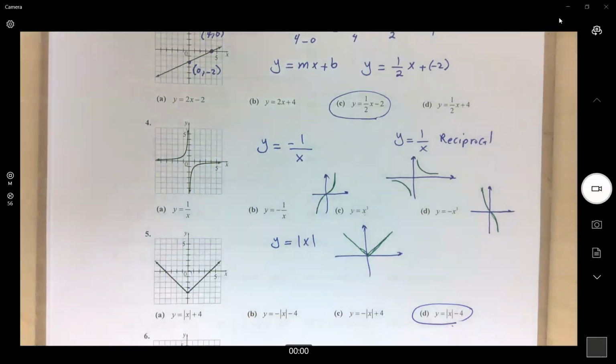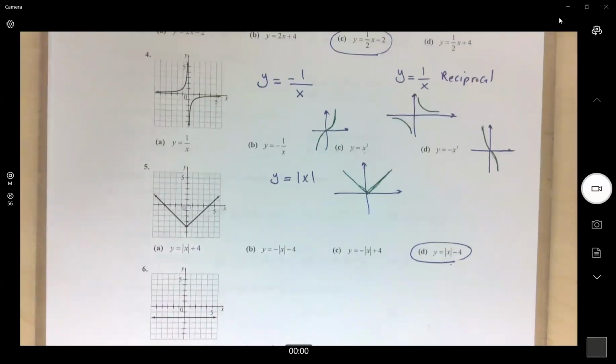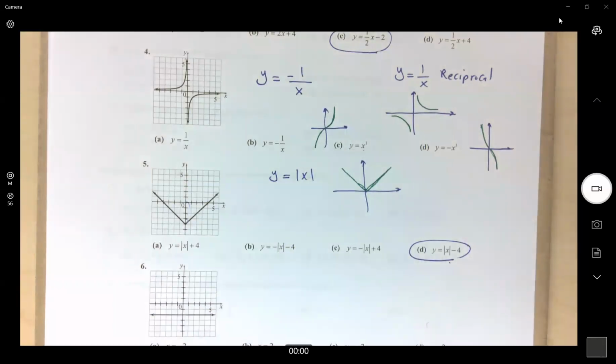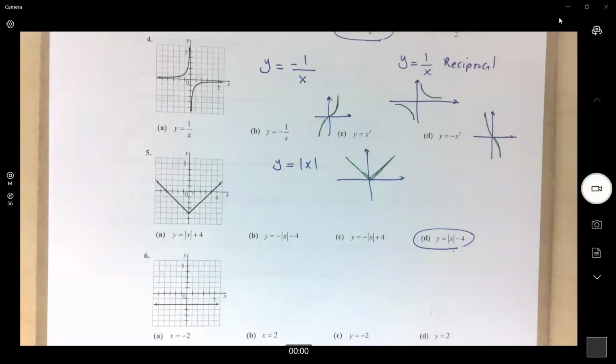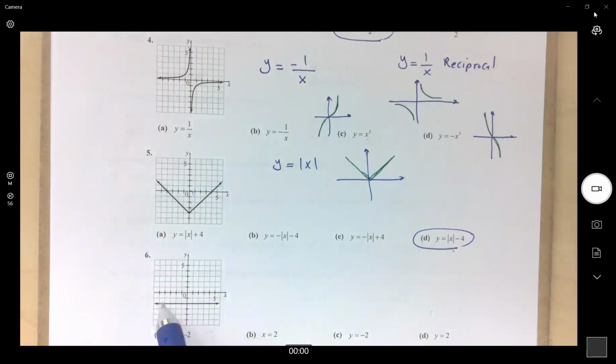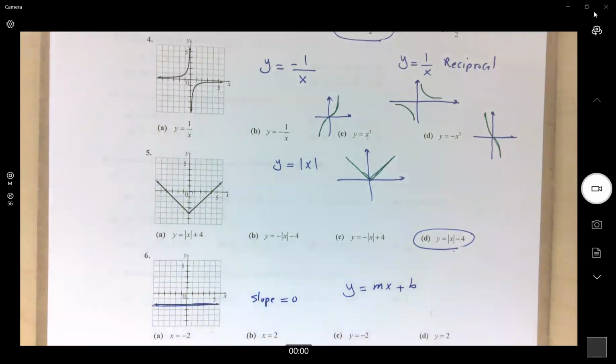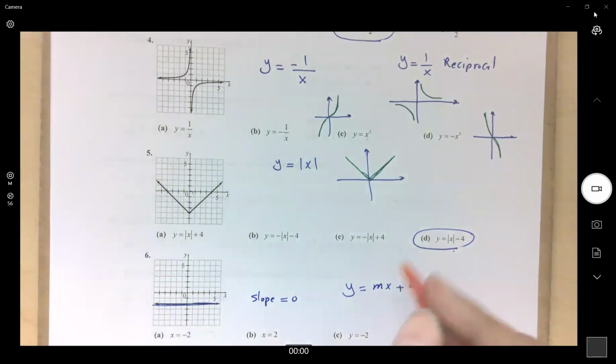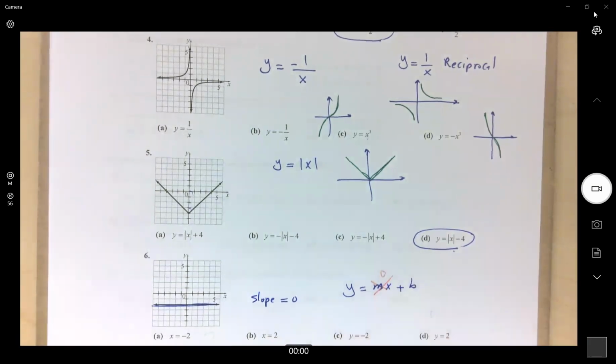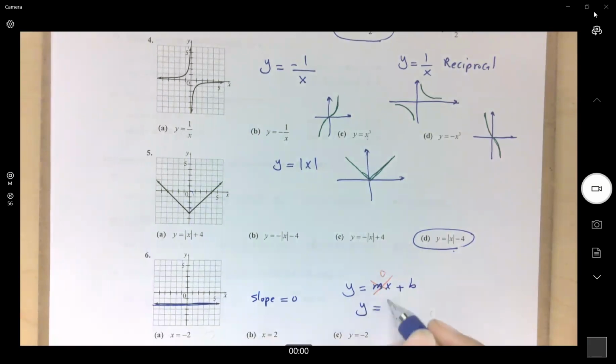And finally, number 6. Here you have a flat line. This flat line has slope 0. So if you think about y equals mx plus b, this term is always 0 for a flat line. Your y is equal to b.